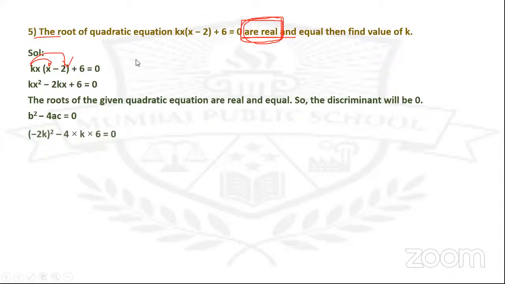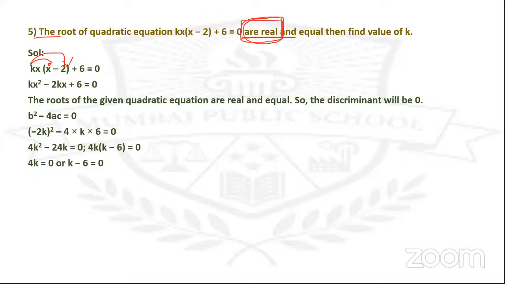Remember this. So you'll get minus 2k the whole square minus 4 into k into 6 equals 0. So you'll get 4k square minus 24k equals 0. So 4k is removed common. So 4k into k minus 6 equals 0.